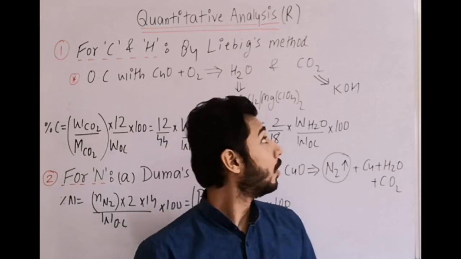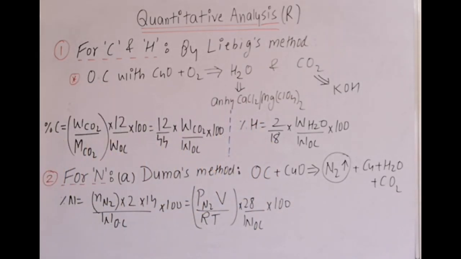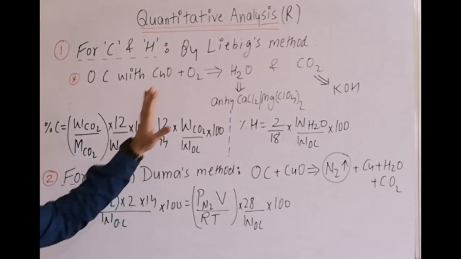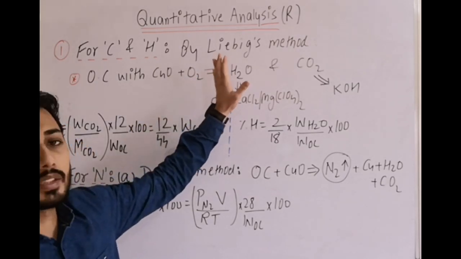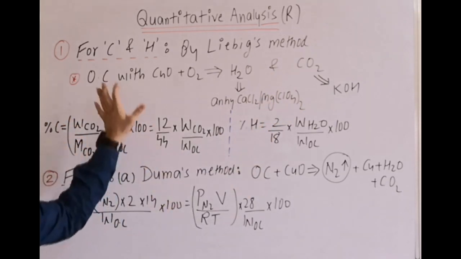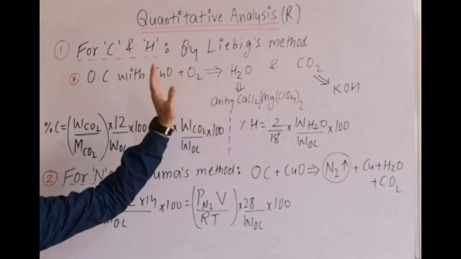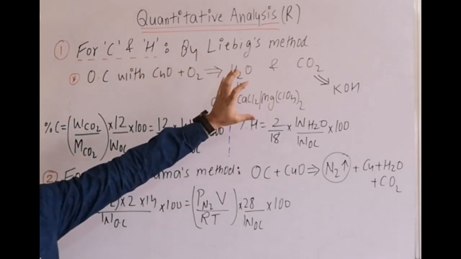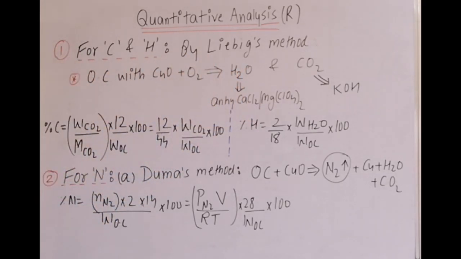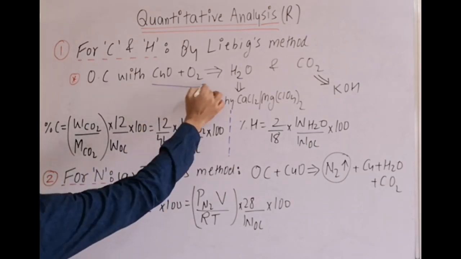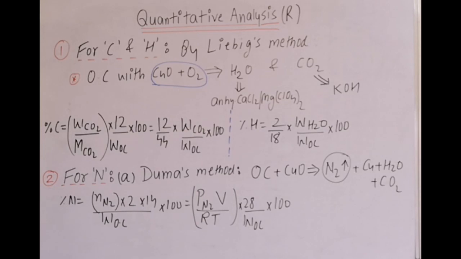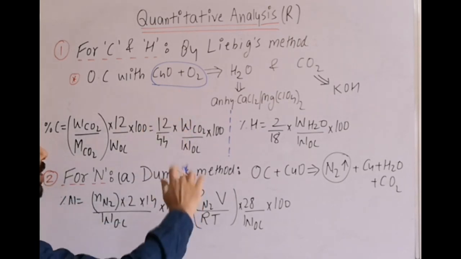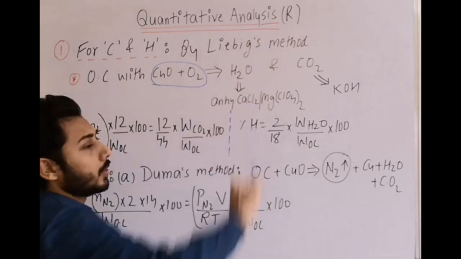Clear? So the first part is the estimation of carbon and hydrogen. This is done by a method which is Liebig's combustion method. I am not writing any balanced equation because it is already given in NCERT when you revise completely. Here I am only using the information that the organic compound is heated with copper oxide, CuO, in excess of oxygen, and it gives H2O and CO2.